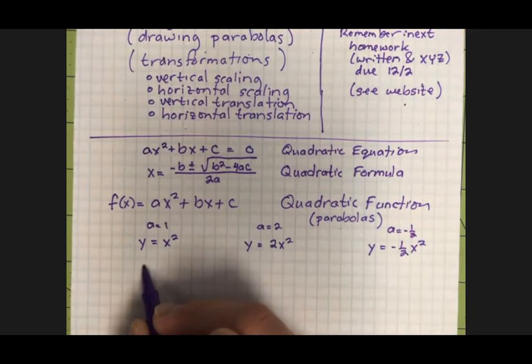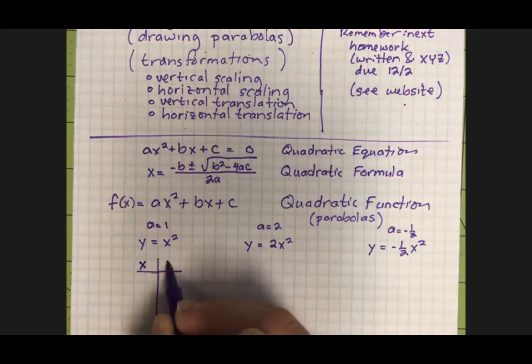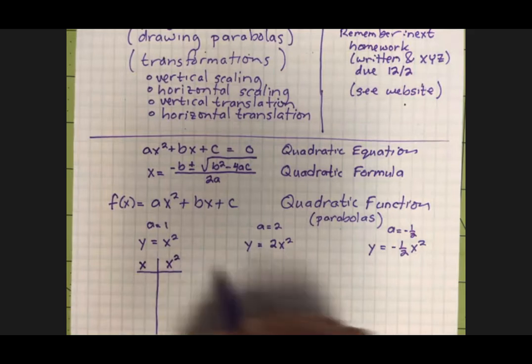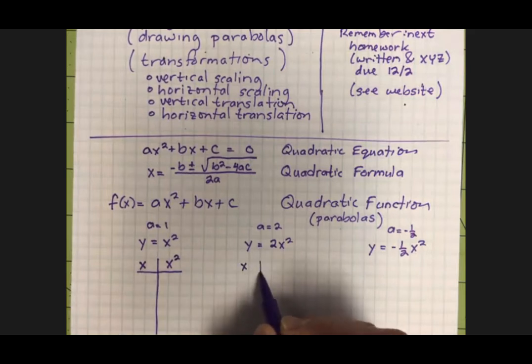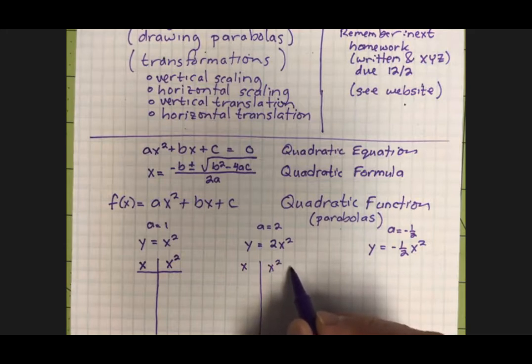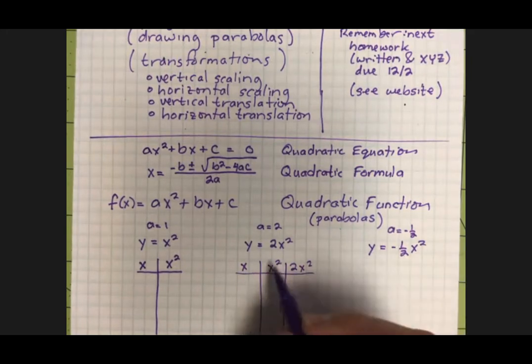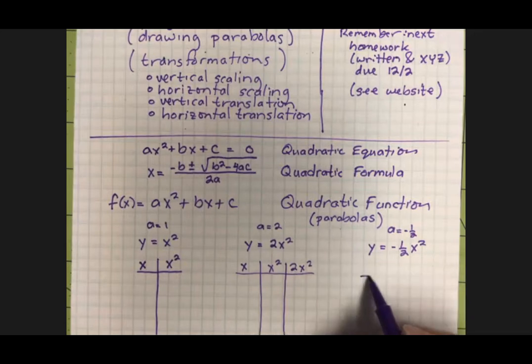Okay. I set up now just a simple table where I show you x and x squared, and then 2x squared. I don't have to make too complicated of a table, but this time I want to show you both x squared and 2x squared side by side.